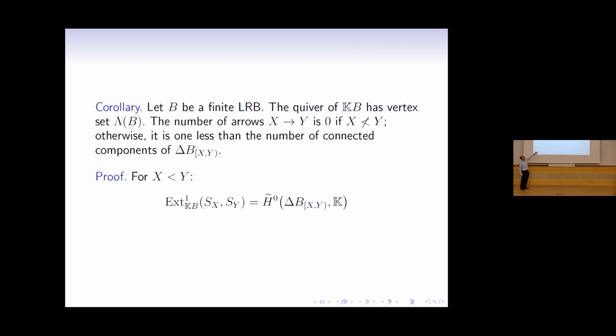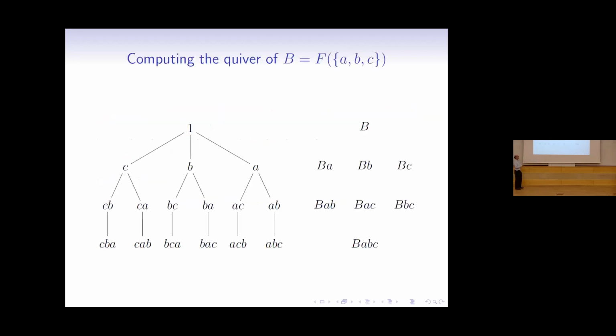It's just the number of connected components in this simplicial complex minus 1, because we have to reduce. So at least I'll show you how to compute it, and you can basically compute it by hand in computing the quiver of, say, this free left regular band on three generators. So the theorem says this.